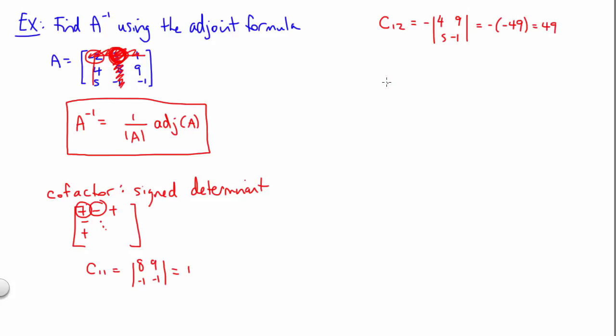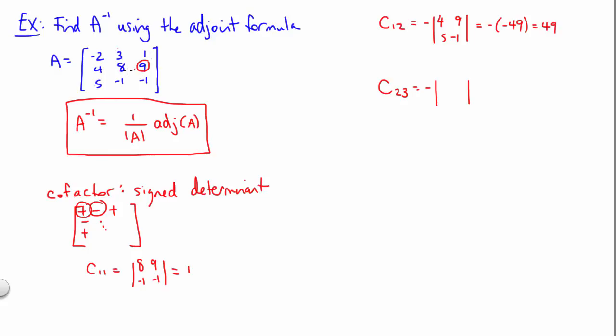All right, let's try one more. Let's say we did the cofactor 2, 3. So we're talking about the entry in the second row and the third column. Based on that position, the sign is going to be negative. And then we're just getting the determinant that remains when we cross out that second row and that third column.